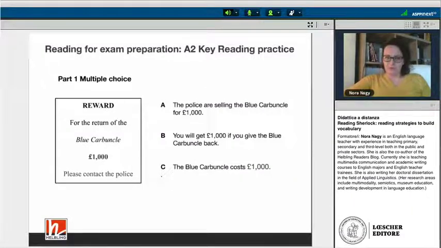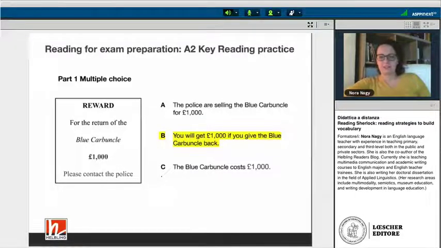Next to such a box, you will have 3 answers, A, B, or C, and these answers are always very similar, but you have to check carefully all the information. And can you give me the right answer here? Everyone is saying B. You will get £1,000 if you give the blue carbuncle back.